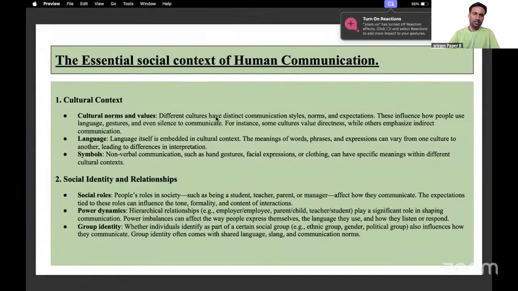And you could see the essential social context of human communication, that is cultural context: cultural norms and values, language, symbols. Symbols, like they mention clearly, non-verbal communication such as hand gestures, facial expressions and all, right? And social identity and relationship.